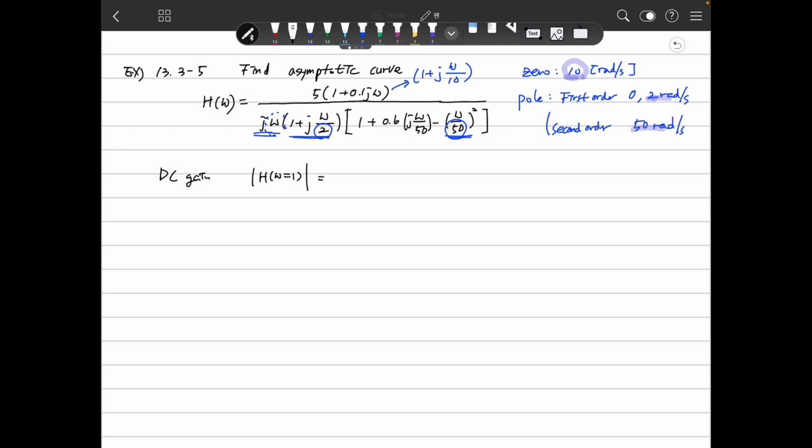You insert the values here: 20 log 5, because we insert the 1 here, very small value, then minus 20 log 1. So it will be approximately 14 dB. That means that when omega is 1, the gain is 14 dB.